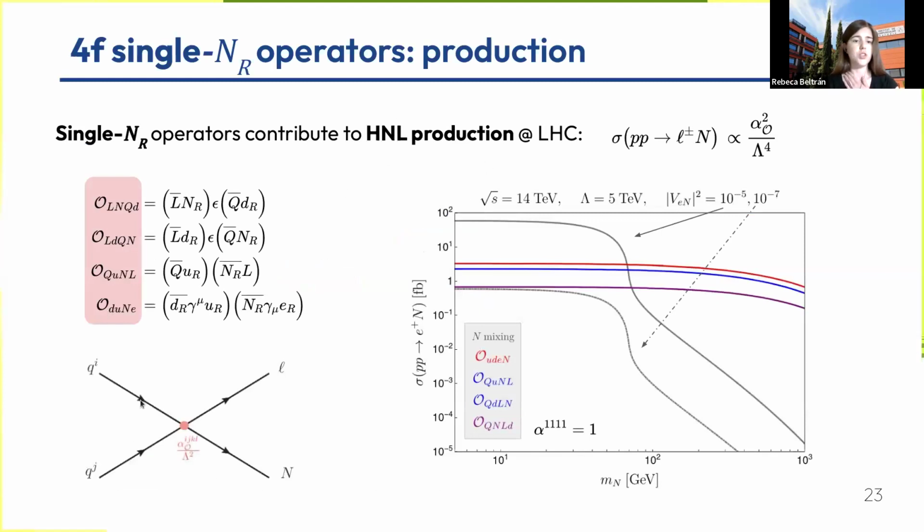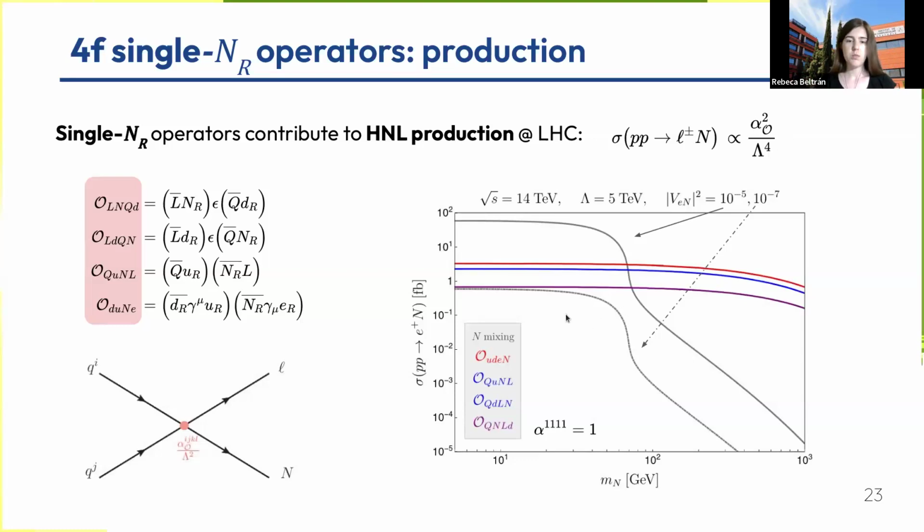In proton-proton collisions, for example, they can generate a charged lepton plus HNL. And the production cross-section is proportional to this quantity. As I said, these are four-fermion operators, dimension 6, so they are accompanied by a Wilson coefficient divided by lambda squared. And since the cross-section is proportional to the square of this quantity, we find four powers of lambda.